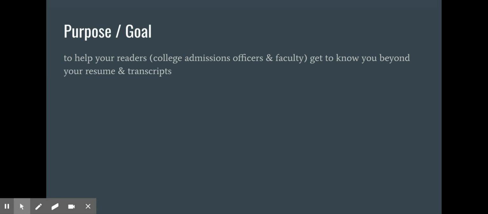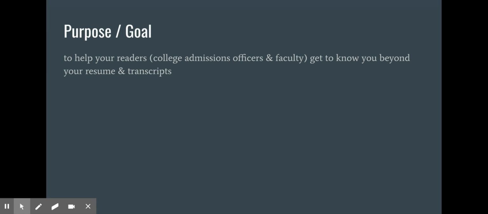So they're not evaluating your grammar for its own sake. Instead, they will be looking to see how well your writing achieves the essay's purpose, which is to show them something about you that your transcripts, your resume, your letters of recommendation can't show.